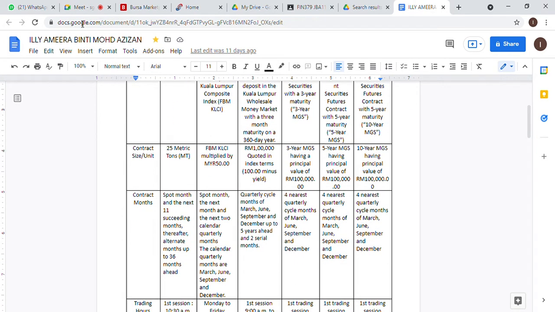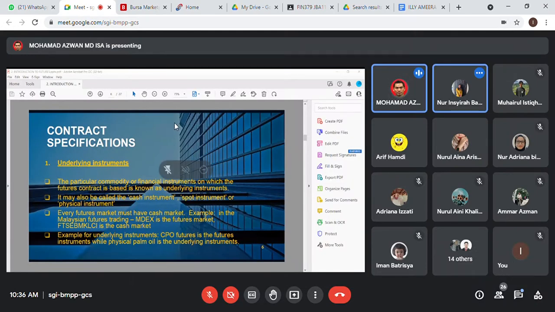Yeah, correct. Thank you. So for each lot of FCPO, it is standardized at 25 metric tons.